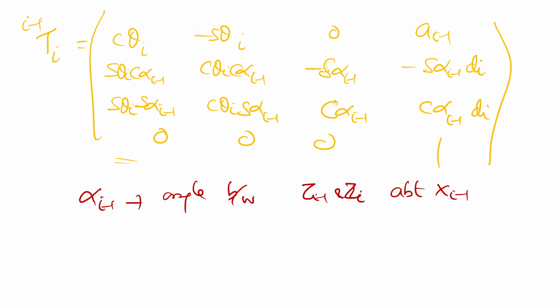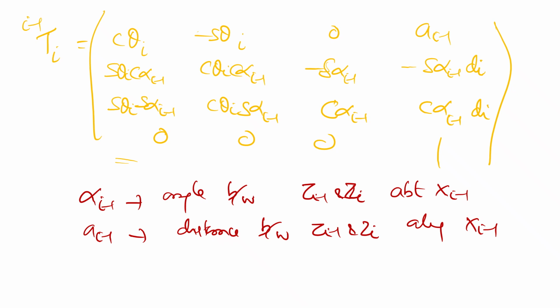Remember this, X i minus 1 axis. Then what is a i minus 1? This is the distance between Z i minus 1 and Z i, measured along the X i minus 1 axis only.